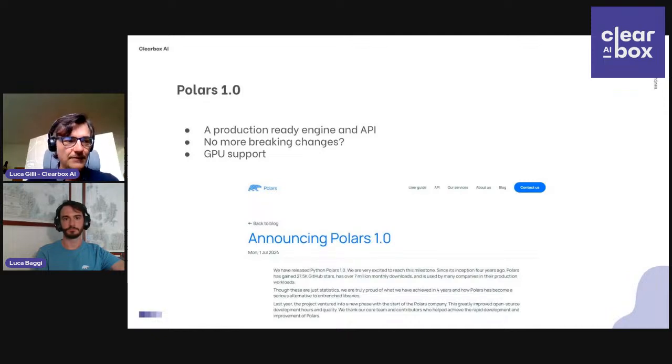They also mentioned that they added GPU support. I'm not very familiar with this new implementation. I don't know, Luca, if you have any insights about this 1.0 release, and if you think it's really true that from now on updating Polars won't cause so much pain.